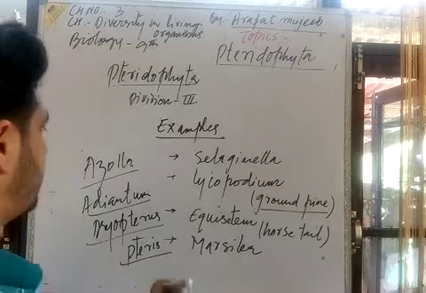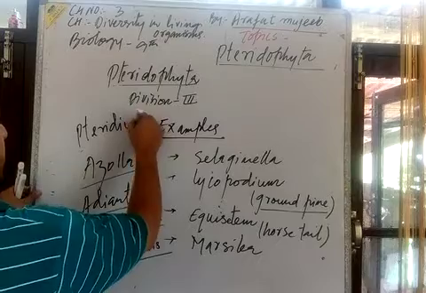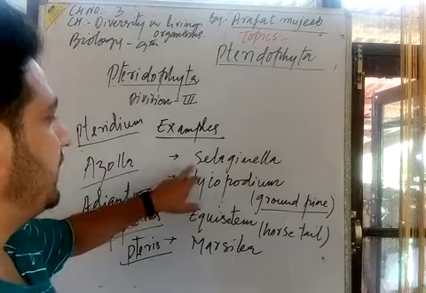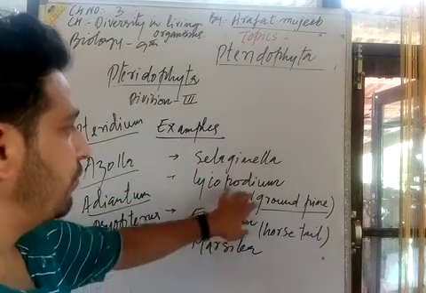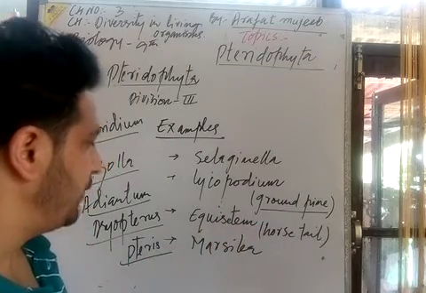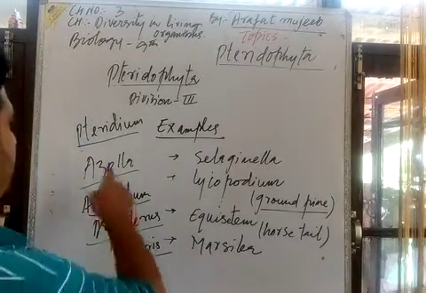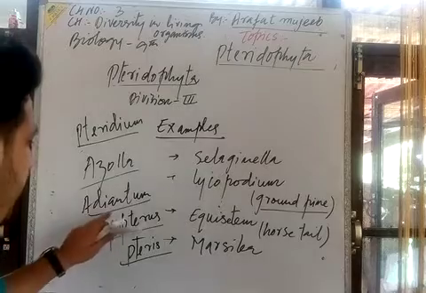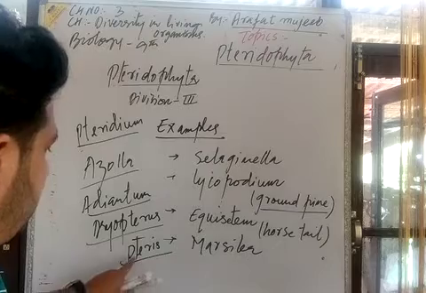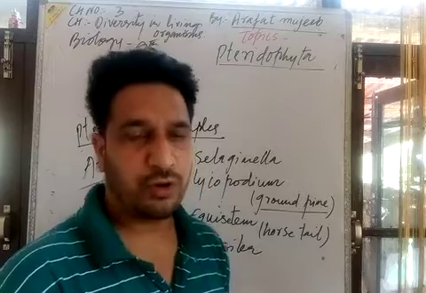Then the other one is Pteridium. So the examples in the division pteridophytes are Selaginella, Lycopodium, commonly known as ground pine, Equisetum, horsetail, Marsilea, which you have seen in the ponds and lakes, Pteridium, Azolla, Adiantum, Dryopteris, then the Pteris. There are also other examples.